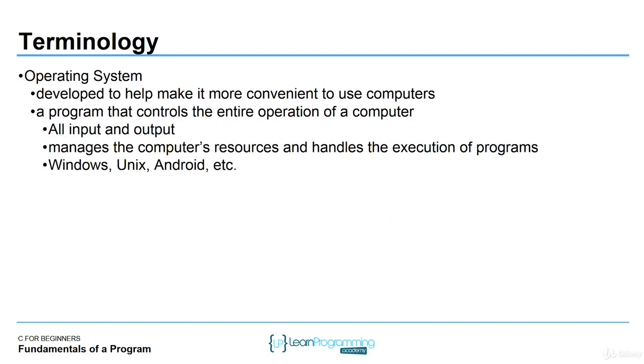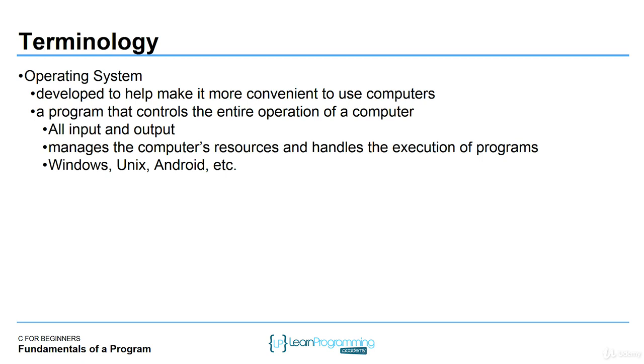An operating system is developed to basically make your life a lot easier when you want to use the computer. Because at a very low level, a computer is just doing what it's told, using an instruction set, and it would be very, very difficult to use if you had to understand all these instructions. So there's a program called an operating system that makes it easier for a user to use a computer.